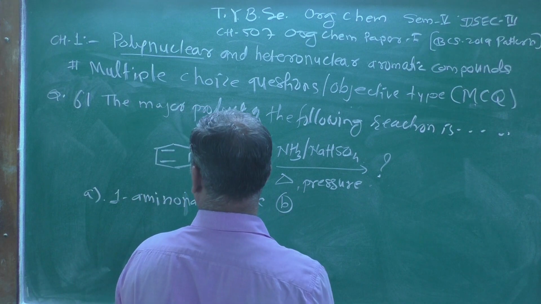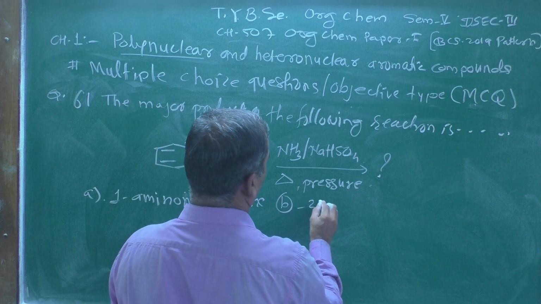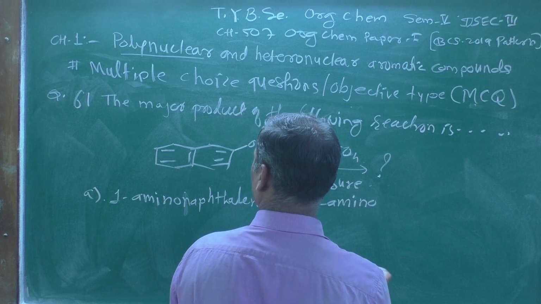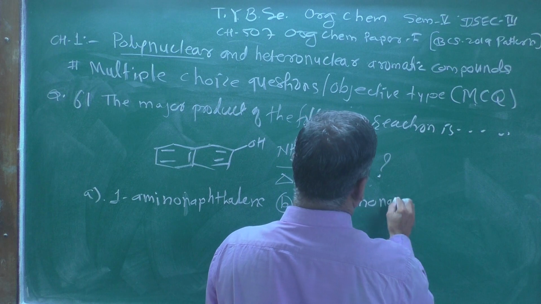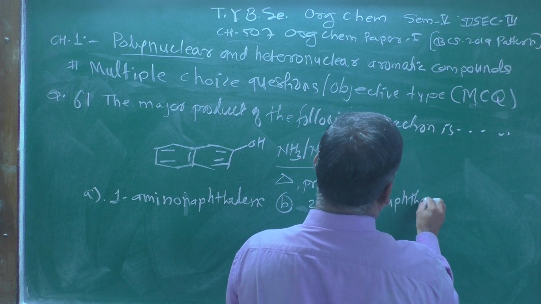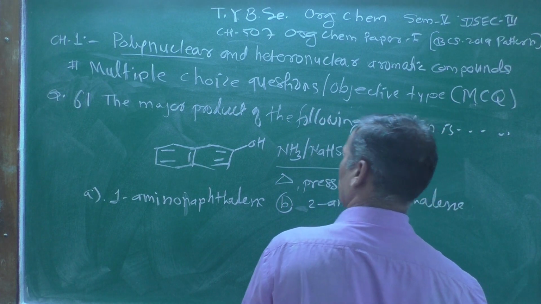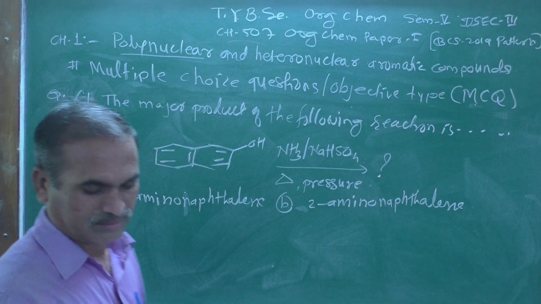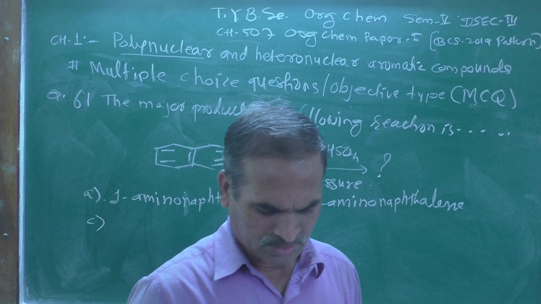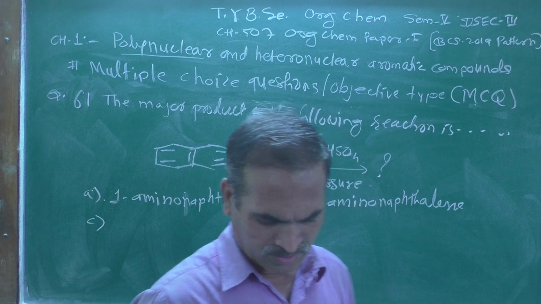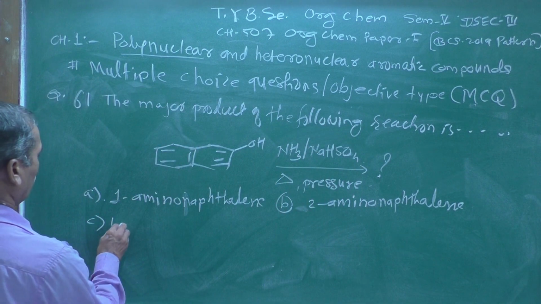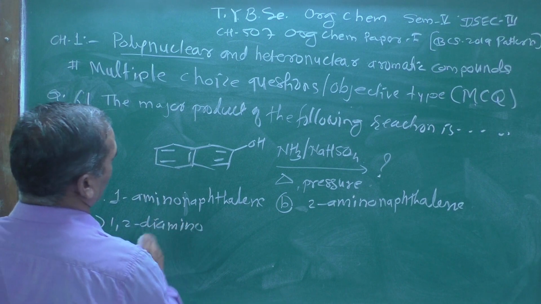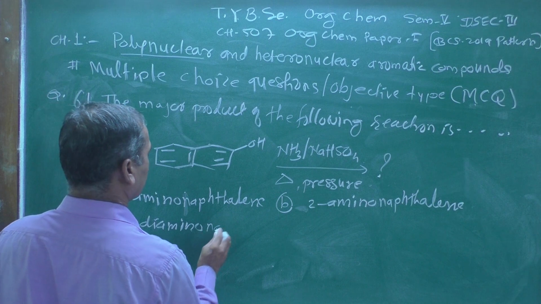B option is 2-aminonaphthalene, and C would be 1,2-diaminonaphthalene.